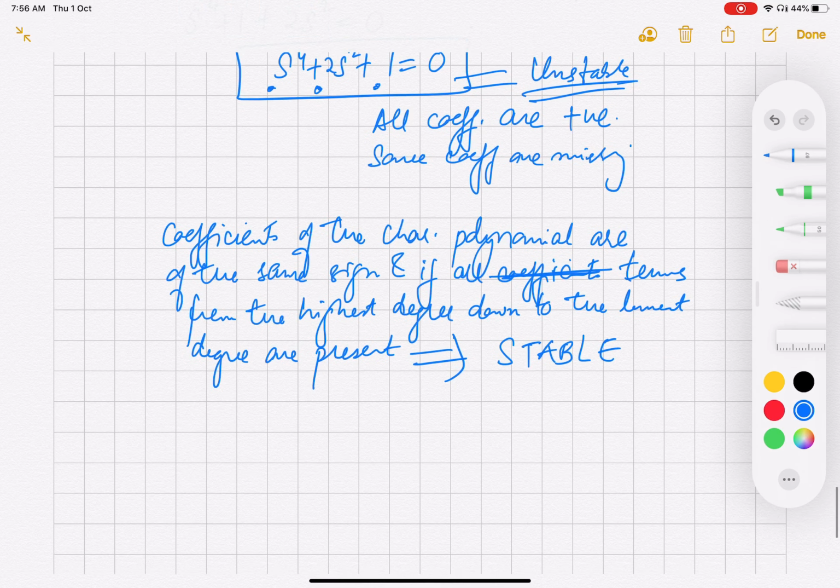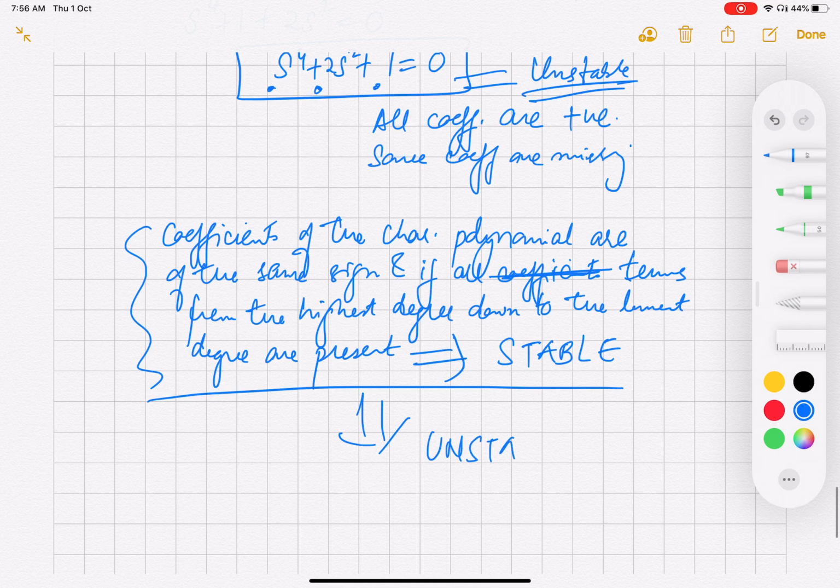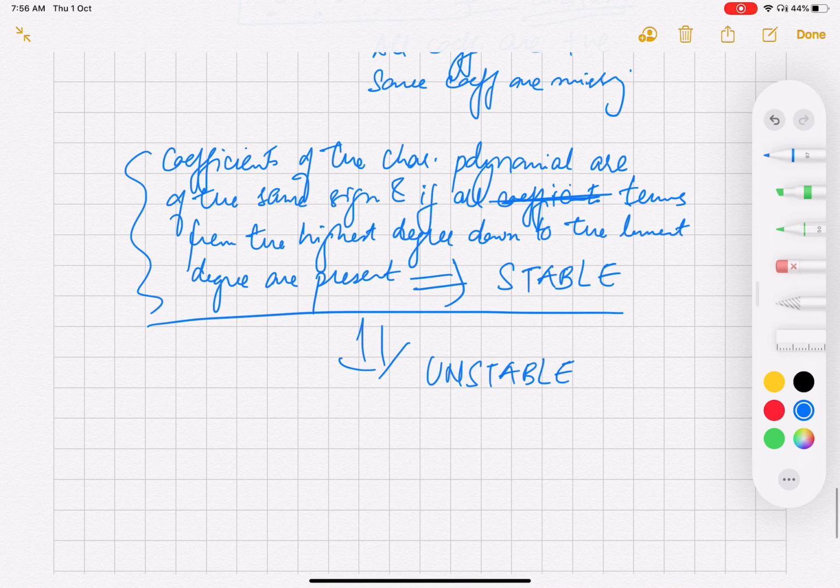But if this condition is violated, then it is certain that the system is unstable. But the problem is that even without violation of this condition, you might get an unstable system.